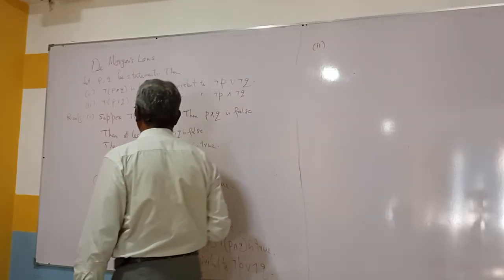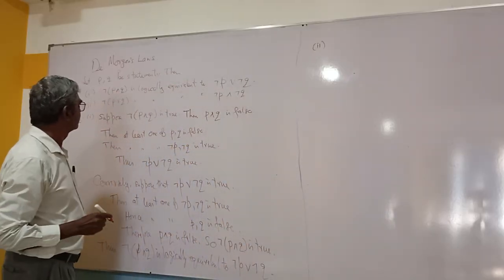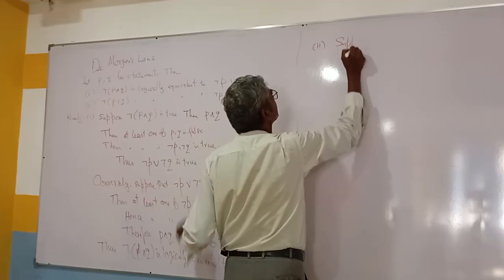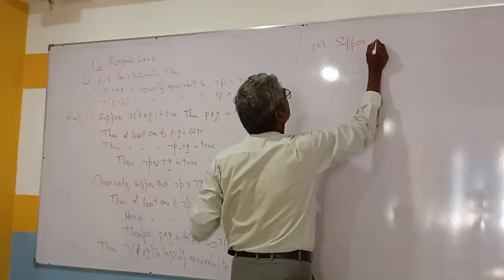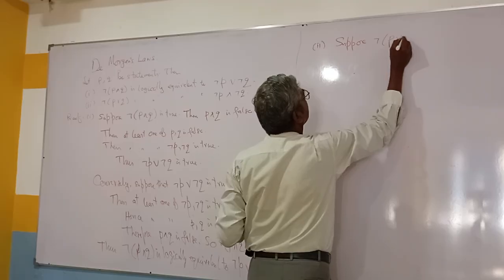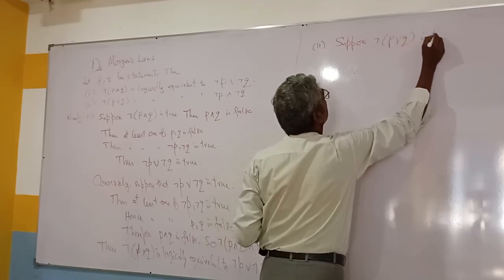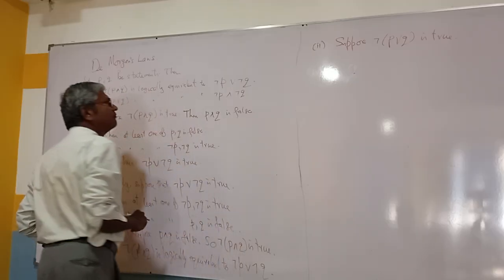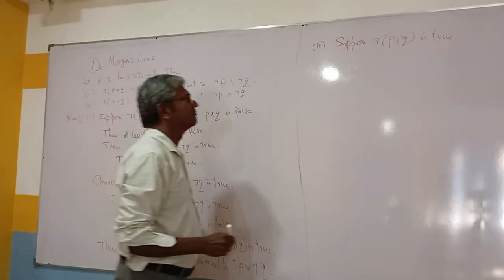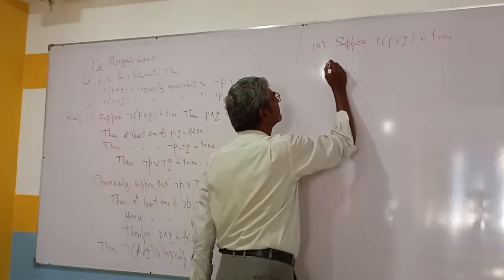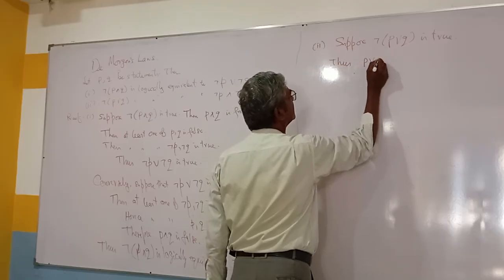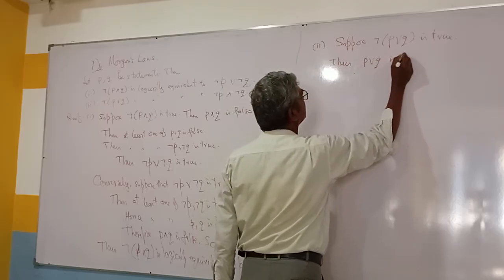So what do I write? Suppose not (P or Q) is true. Thus, P or Q is false.